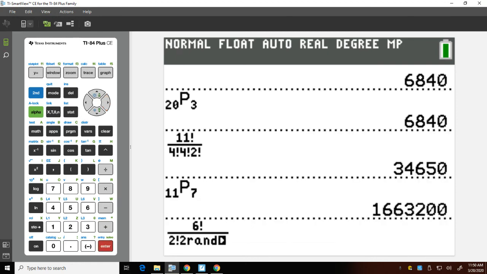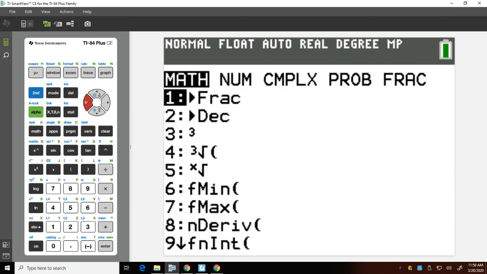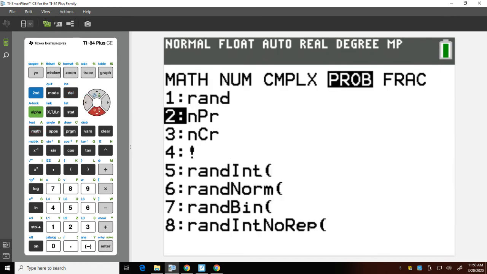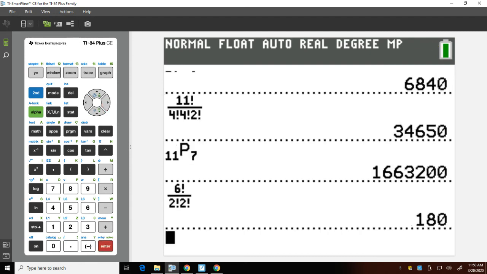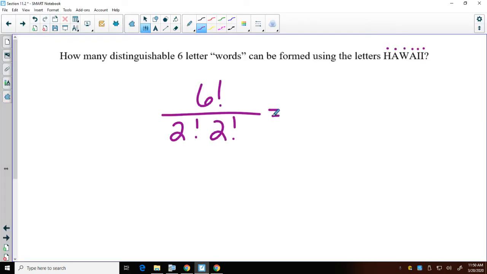Oops, added the wrong thing in. Math, number 4. And there it is. Hit enter. 180 different ways we can rearrange Hawaii.